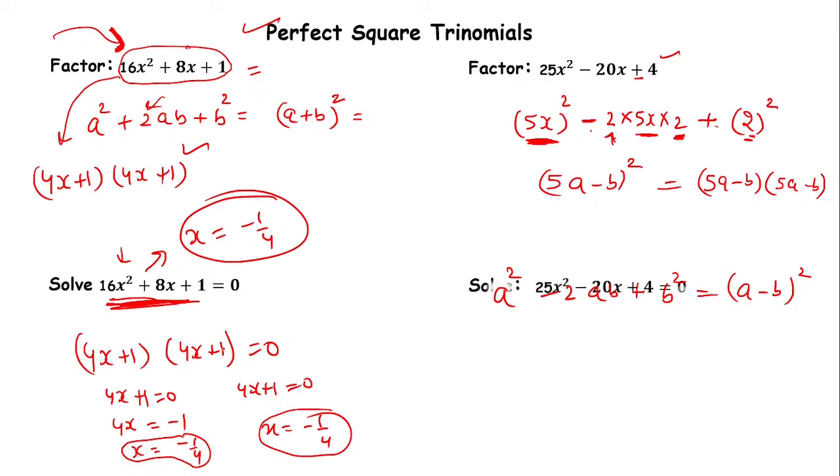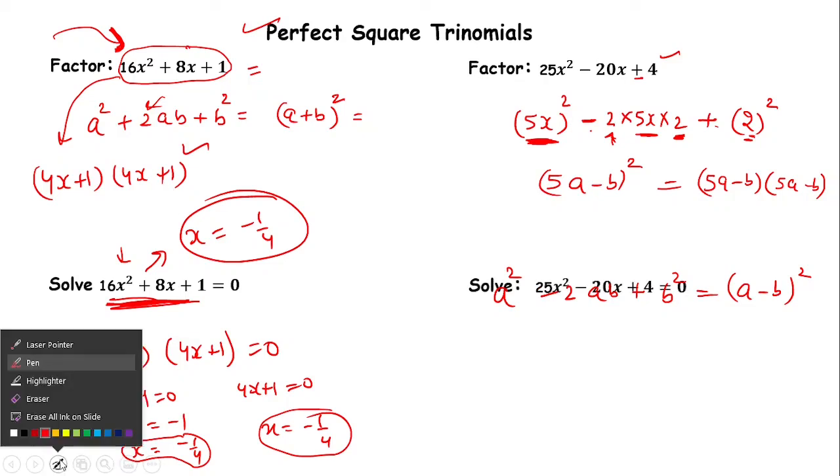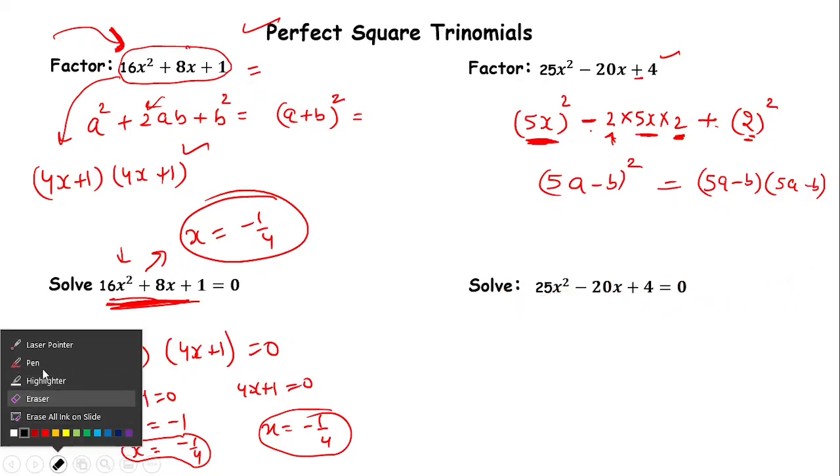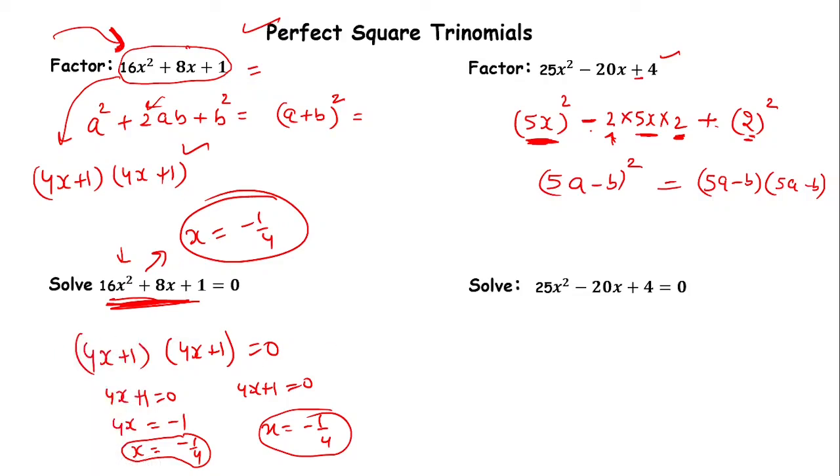Next question. You can see it in the right down corner. The question is solve 25x squared minus 20x plus 4. So how do you factorize this? Again, this is already factorized here.